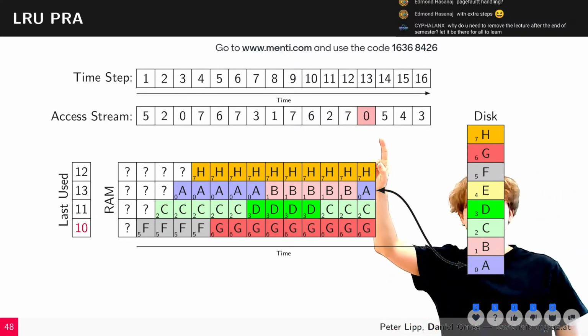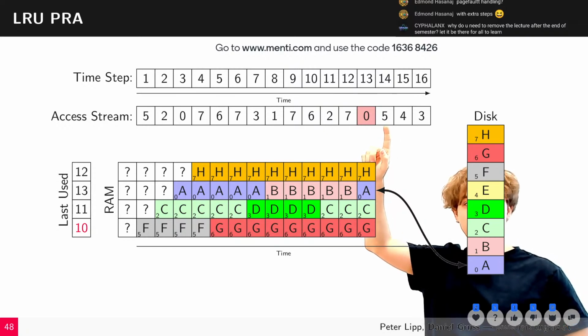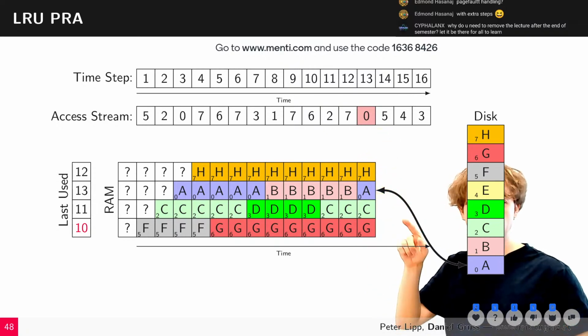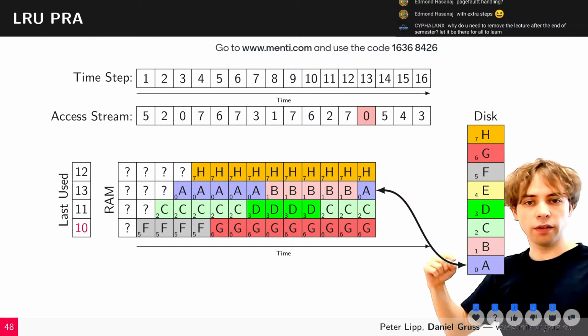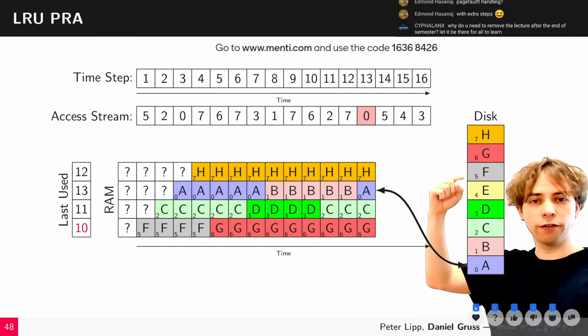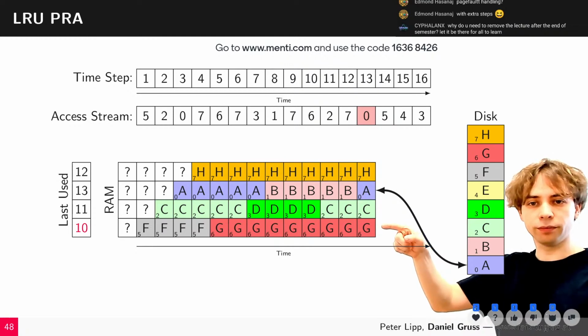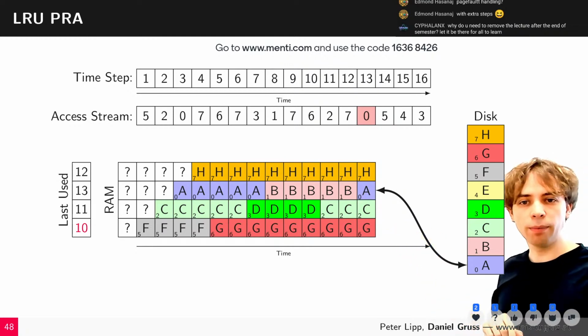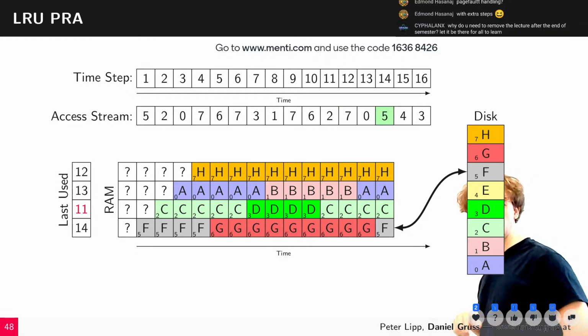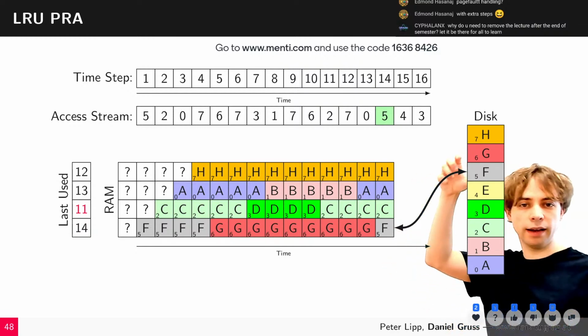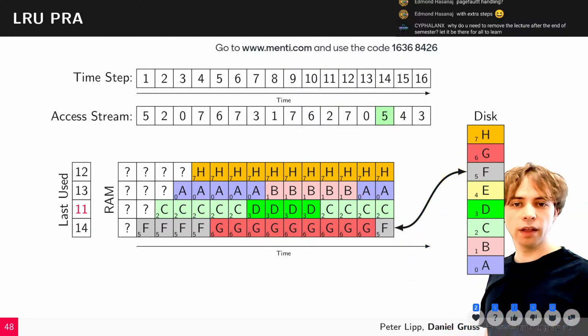In the next step, we access offset number 5. And number 5 is 0, 1, 2, 3, 4, 5, this one. And it will go here. So it replaces G. Data G is replaced by data F here.